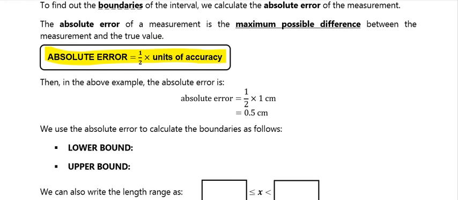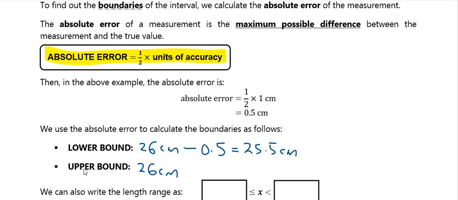Now in your first example, you have 26 centimeter. When you want to count the lower bound, you subtract the absolute error from 26 centimeter. So when you subtract 0.5 from 26 centimeter, you will have 25.5 centimeter. And when you want to count the upper bound for your measurement, 26 centimeter will be added with the absolute error.